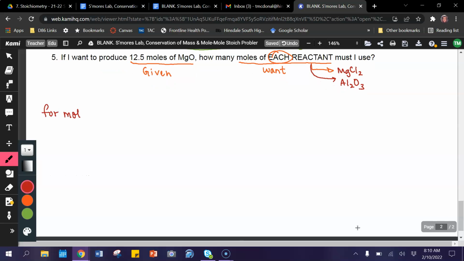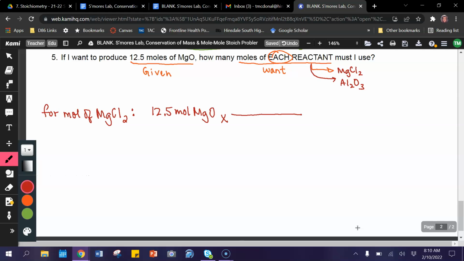Okay, so for moles of magnesium chloride, this is what I'm going to do. Start with what you're given. I'm given 12.5 moles of magnesium oxide, and I'm going to multiply that by the mole ratio.